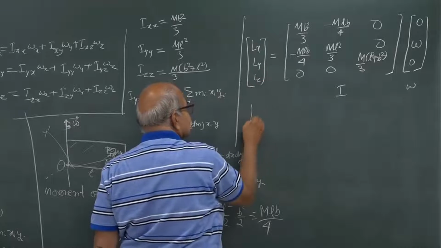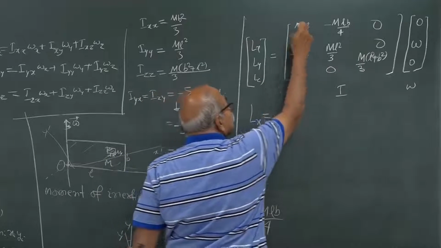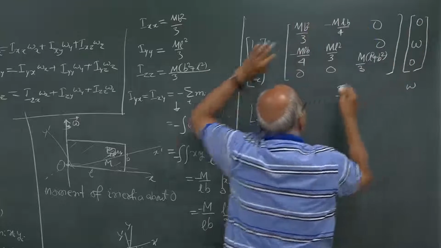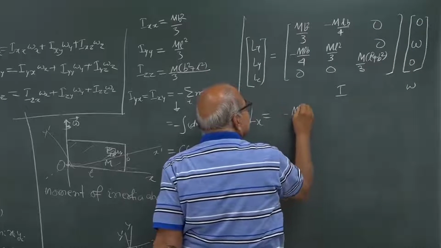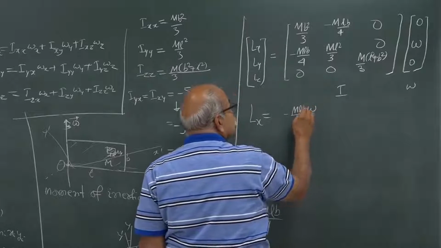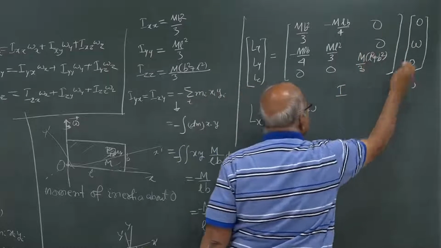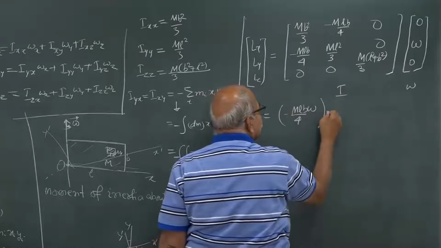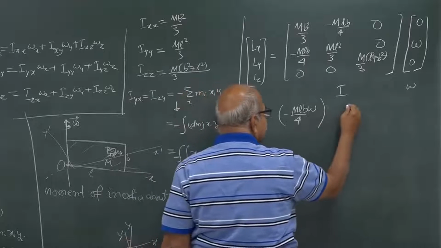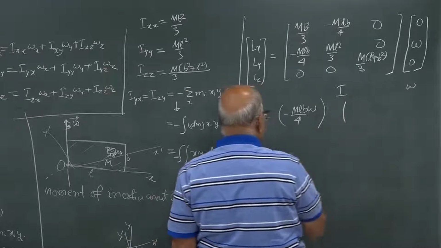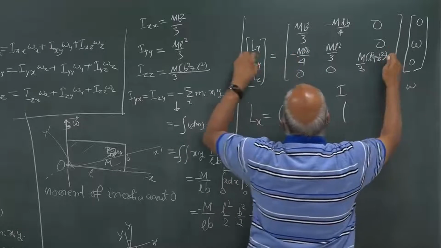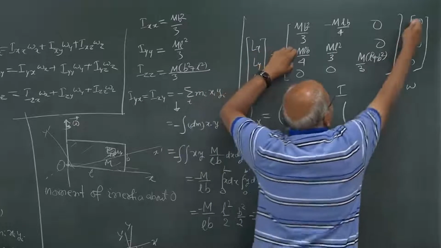So, what is Lx? Lx is equal to this into this 0, this into this, minus m L b by 4 and then omega, and this is plus 0 into 0 is 0. So, this is Lx, fine. And then what is Ly? Ly is this row and this column.